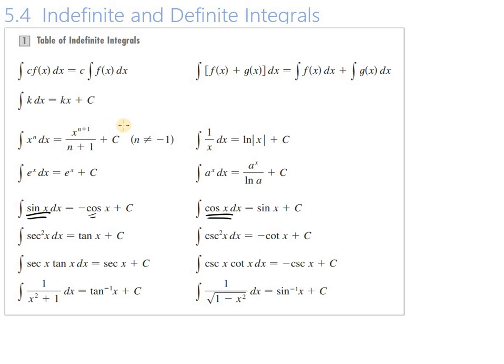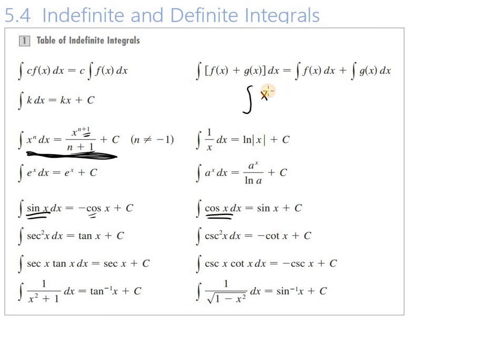And of course, this one's a fairly standard one, just the idea that x to the n, you increase the exponent by 1 and you divide by the new exponent. So they'll give you lots of integrals that might at first look like they don't fit one of these rules.